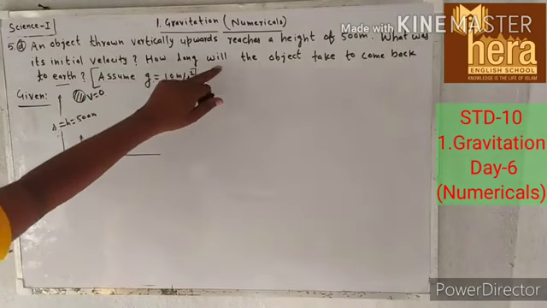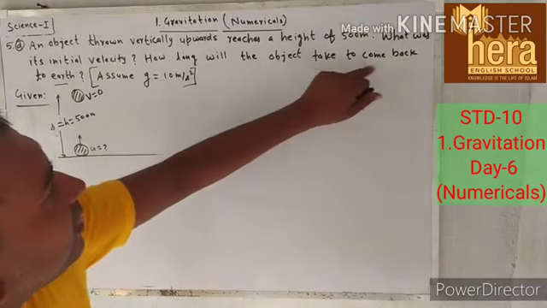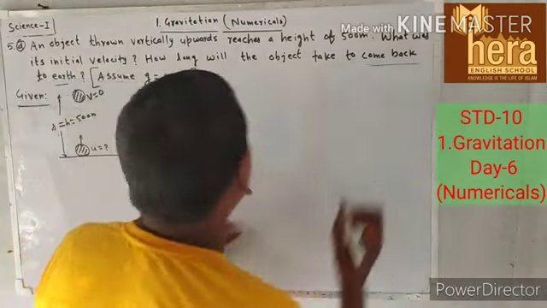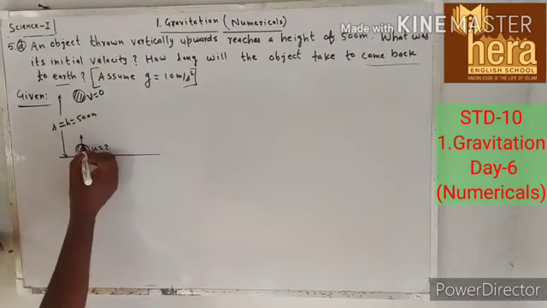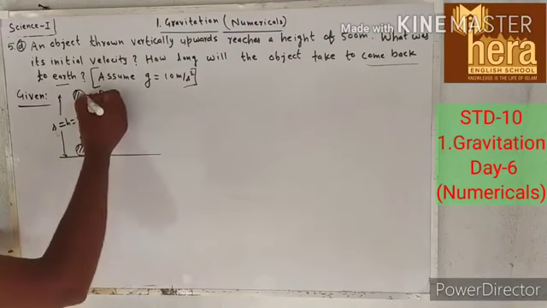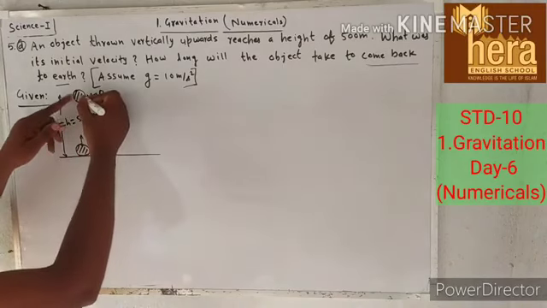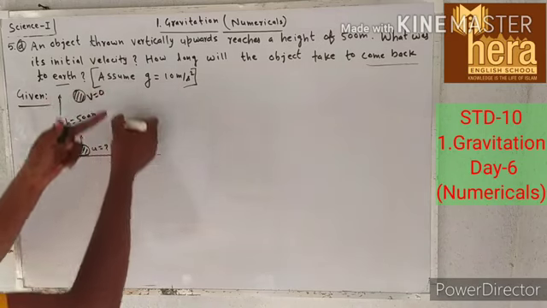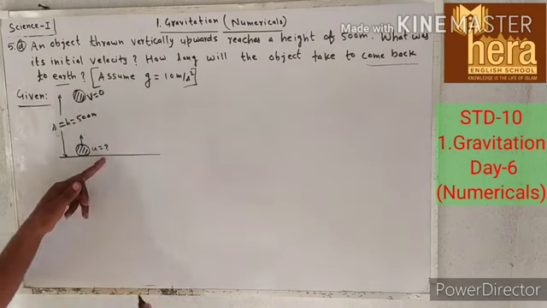How long will the object take to come back? It means, first of all, this object will move from the surface of Earth to a certain height, that is 500 meter, and after that it will come down. So total time we have to find.